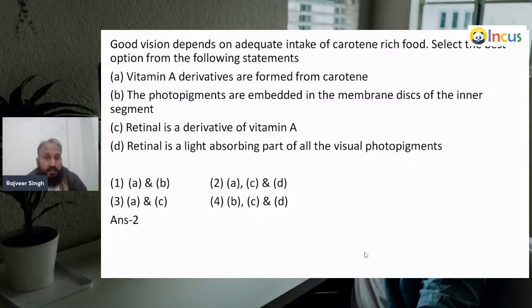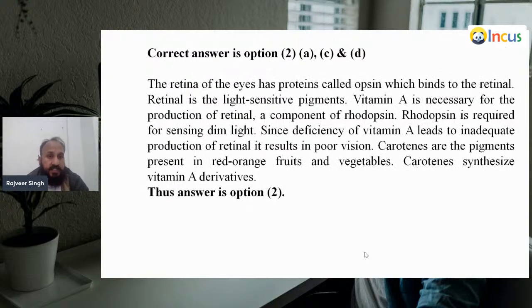Retinal is a derivative of vitamin A, and retinal is the light-absorbing part of all visual photopigments. So options A, C and D are right, and the second answer is the perfect one.